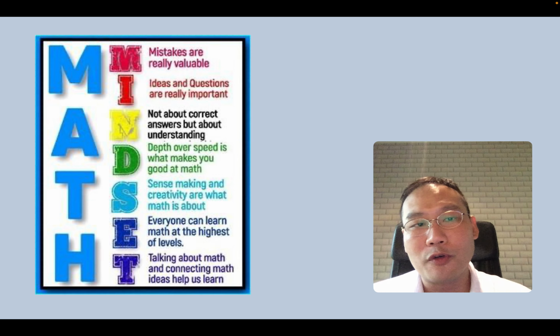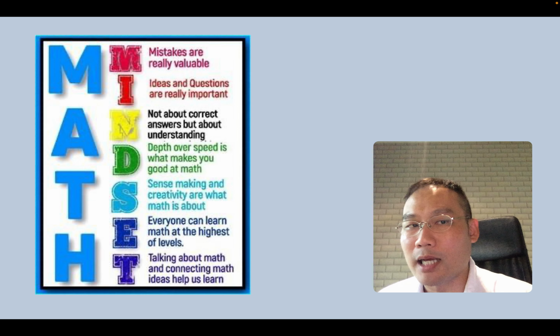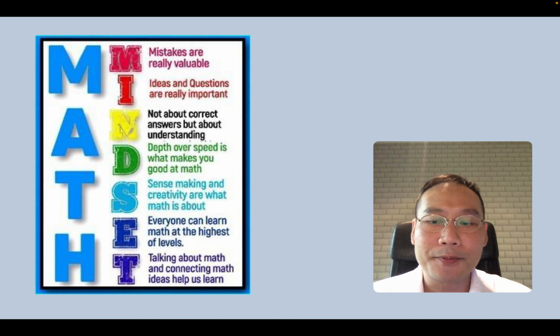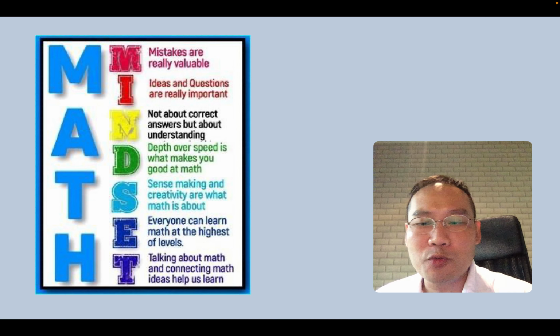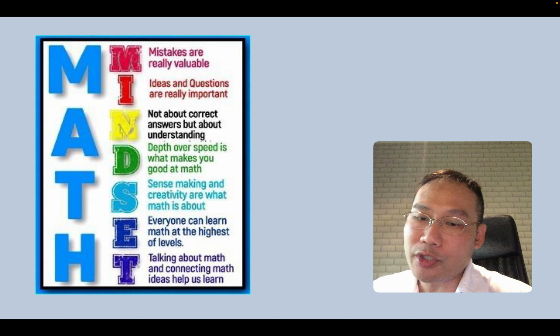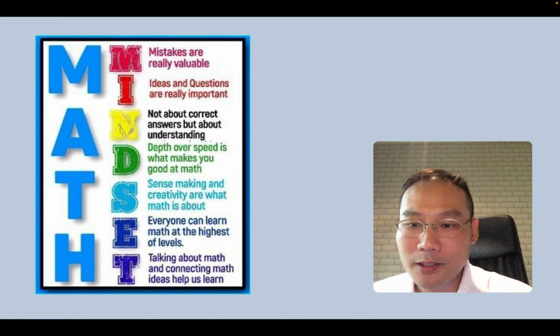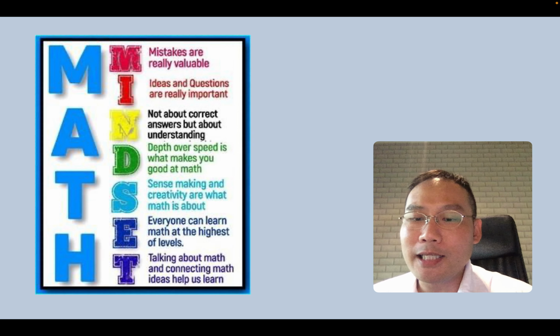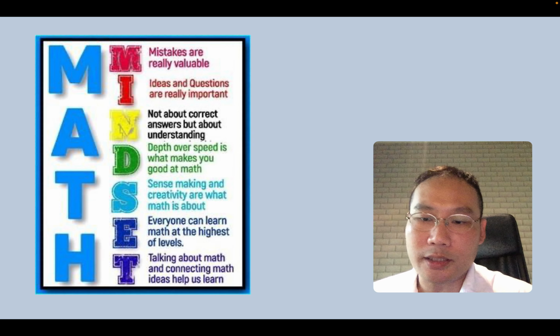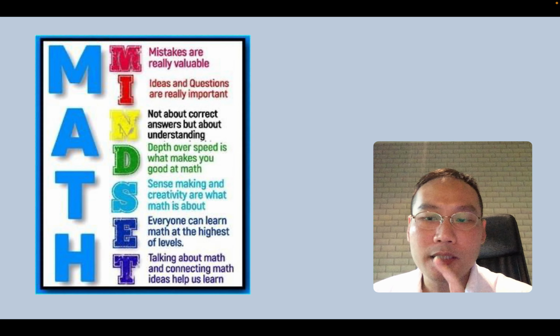So the first point over there, I've written down: mistakes are really valuable. It is through mistakes that we learn, right? So I'm sure when you are in primary school, sometimes when you make a mistake in mathematics, your teachers will encourage you to do corrections. That is a vital point, because for most of us, it is actually corrections that allow us to learn the most.